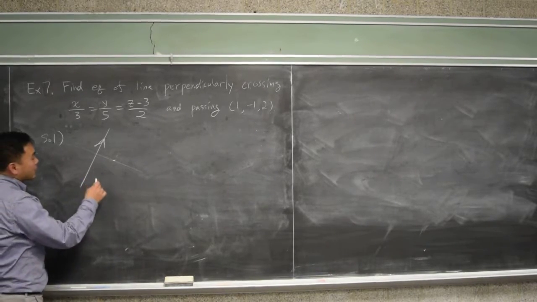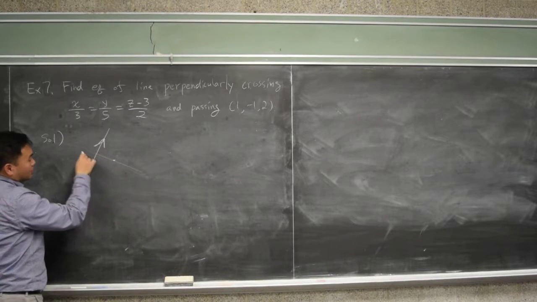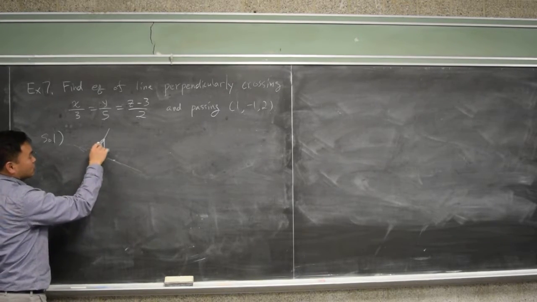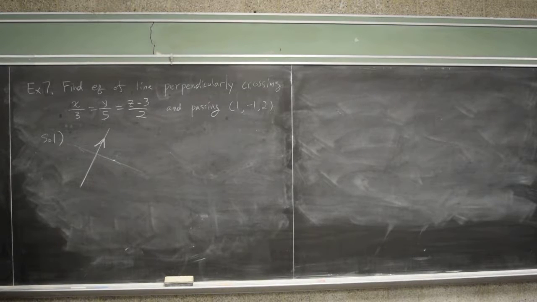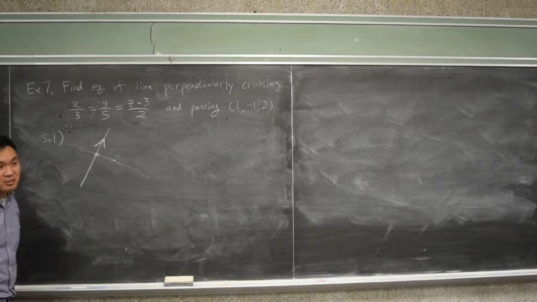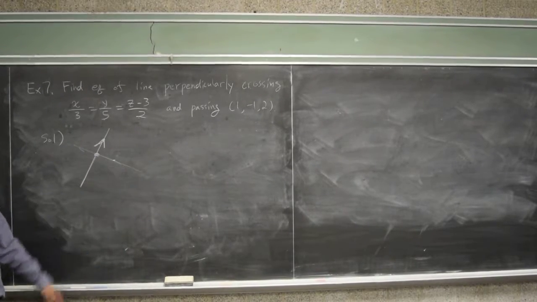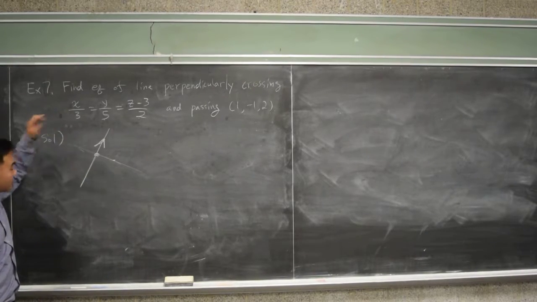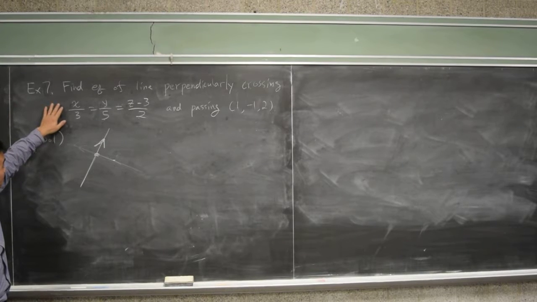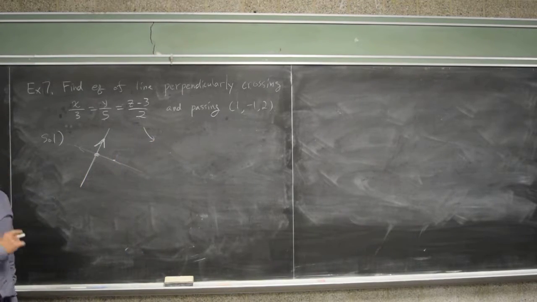So we're trying to find a direction that's perpendicular to this one. So we need to find the point where it crosses. If that's done, then we can come up with the line equation. The first idea is to change this into parametric form, because then it's easy to talk about a point on the line.